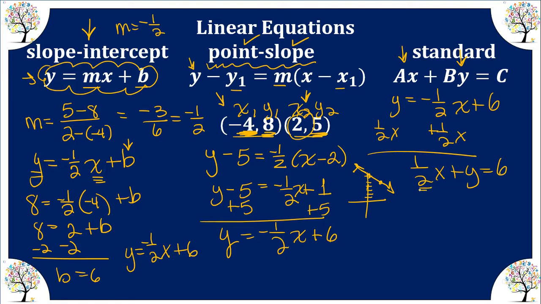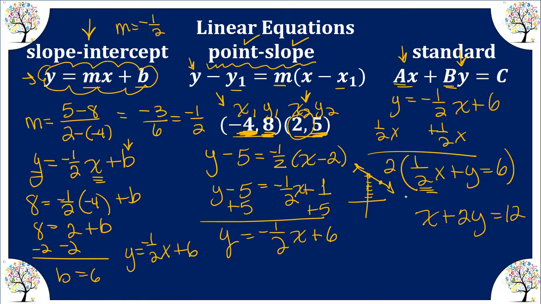Now recall that the a and b, the coefficients of y and x, must be an integer. This has a fraction, so we're going to multiply through by 2. So this gives me 1x plus 2y equals 12, and this is standard form.